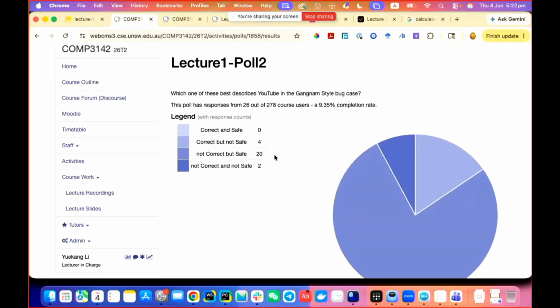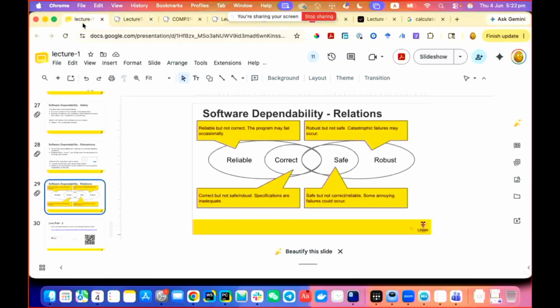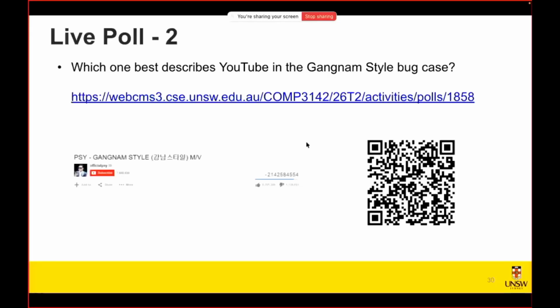Okay, so most of you have got it correctly. The correct answer is it is not correct, but it is safe. This Gangnam Style bug is not vulnerable.